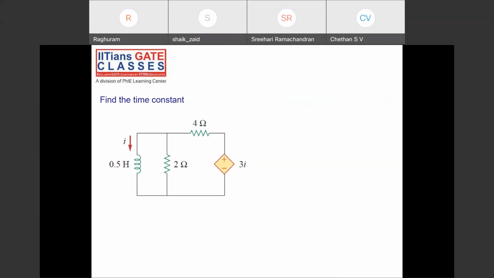Sir, does the dependent source have any effect on this? Find R equivalent.